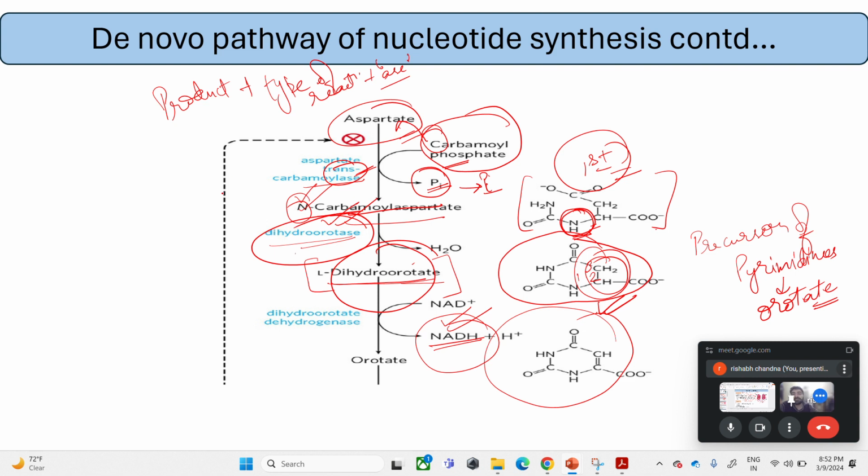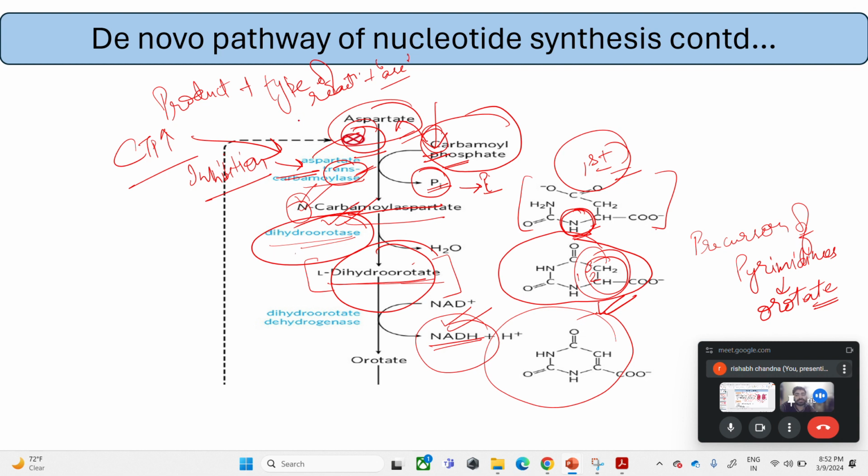So as the CTP amount increases, this leads to the inhibition of this particular enzyme, so that it will not act on aspartate and will not proceed with the de novo synthesis. When CTP is formed in adequate amount, this happens.